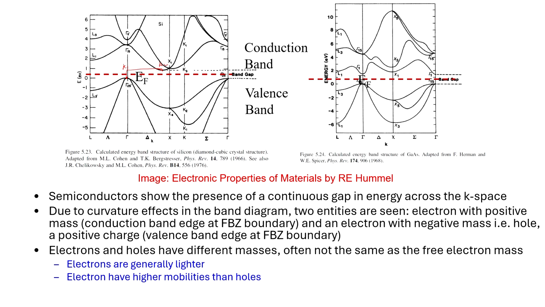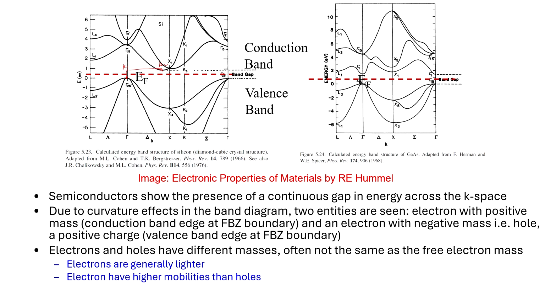Because of curvature effects in these band diagrams, we see two entities. One is the electron with positive mass, which is in the conduction band edge at the boundary of the first Brillouin zone, and then we get a negative curvature effect which results in an electron with a negative mass, which is construed as a hole, the counterpart of the electron in the valence band, which is a positive charge.